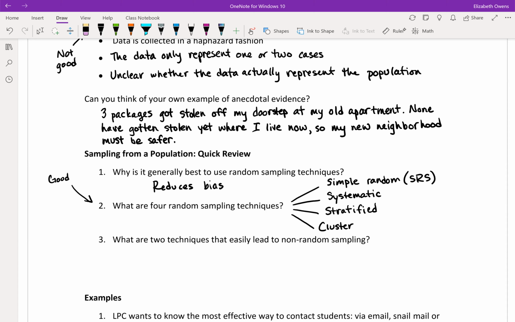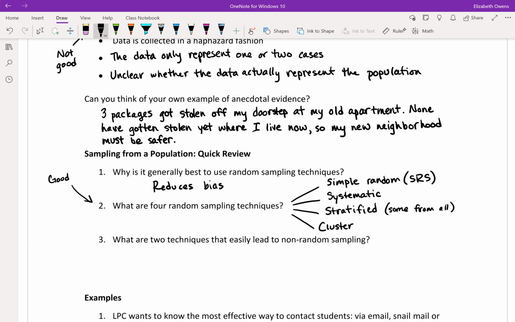And then a cluster sample, you again divide your population into groups. They're called clusters in this one. And then you would randomly pick several different clusters, and everybody from that group would become part of the sample. So the difference between those last two, remember, stratified is when you pick some individuals from all of the groups.